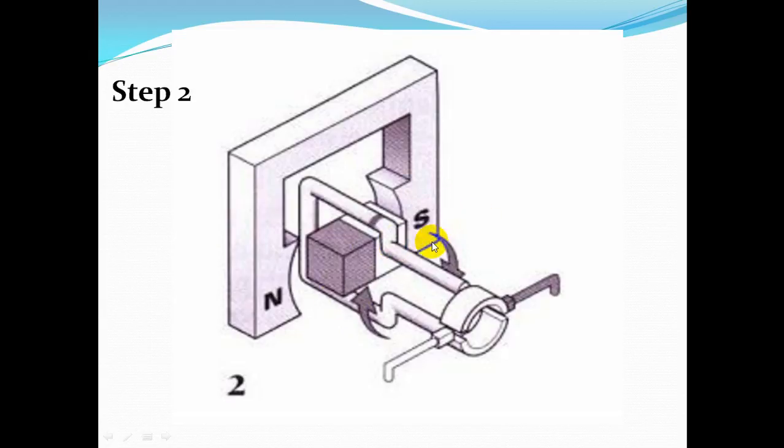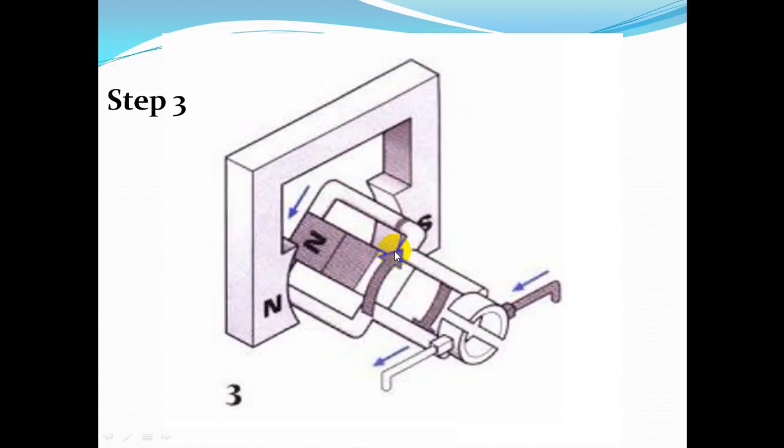And in the last step, when the commutator comes back into contact with the brushes, it's connected, and the current flows through the armature in the opposite direction, and its poles are reversed, and the turn continues. That's a short summary of the electric motor.